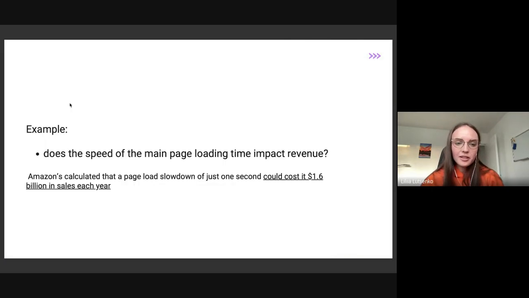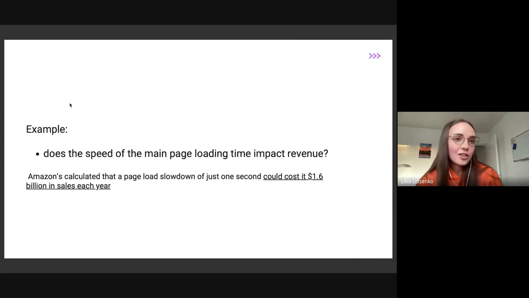So what do we mean by correlation analysis? Simple example: we want to check the hypothesis whether the speed of main page loading time impacts our revenue. So if the main page loads slower, do we get less money? Or if it loads faster, do we get more money?